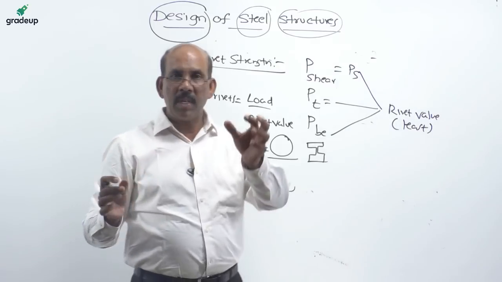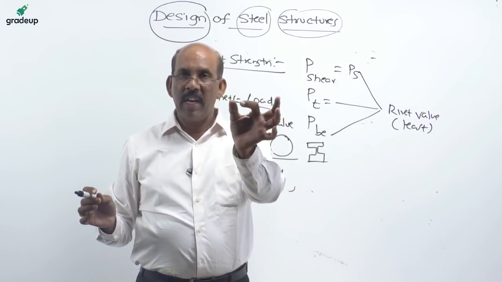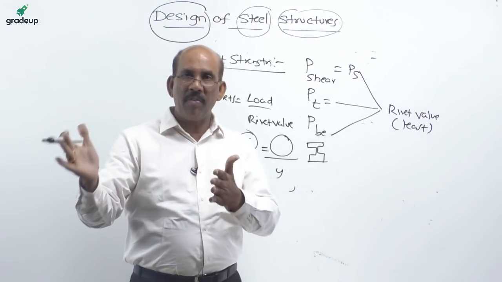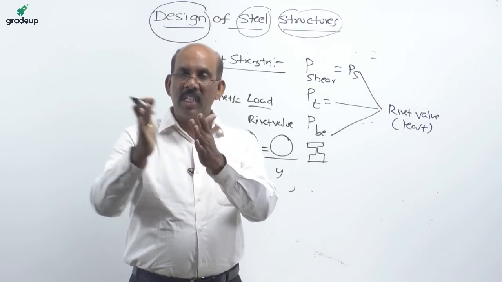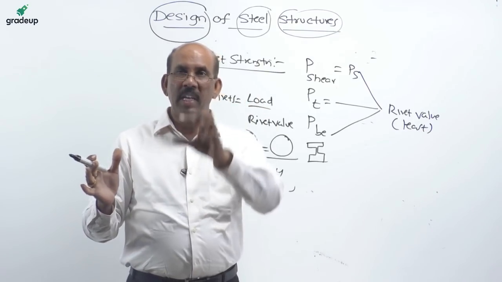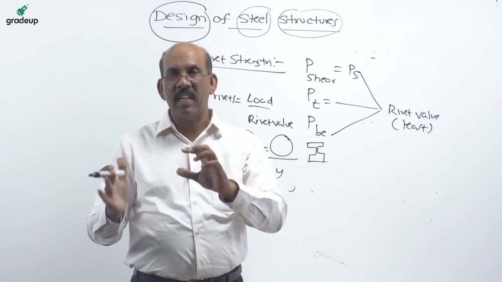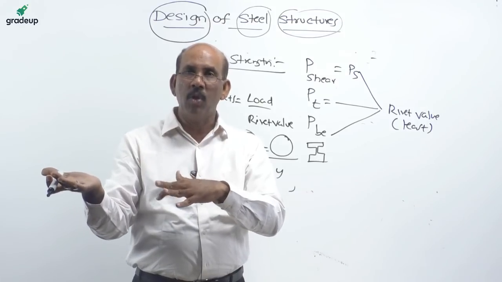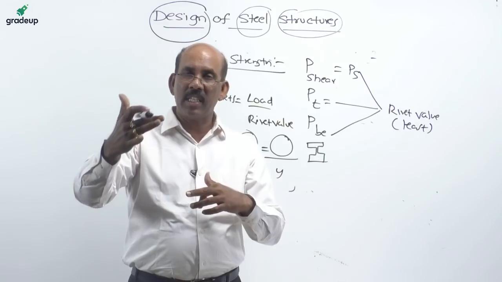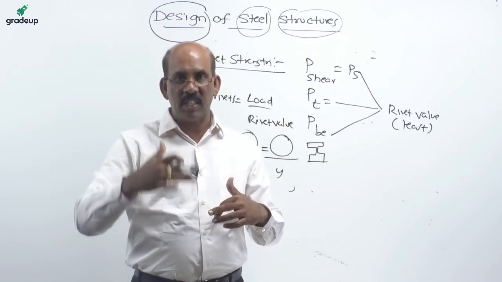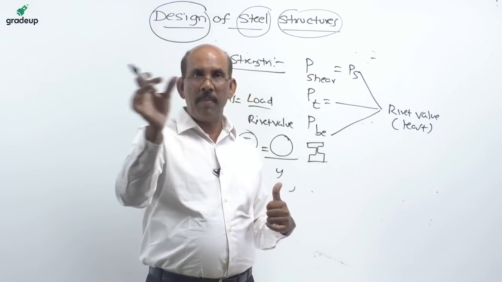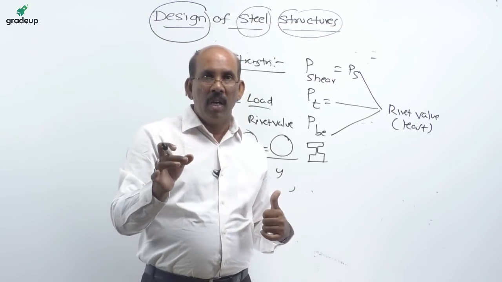The concept of this Z value is based on the moment of inertia. The moment of inertia for the circle, Ixx is equal to Iyy, whereas for the I section, Ixx may not be equal to Iyy. Therefore the circular section is the best, but in steel structures the next section is the I section. This is what gives the maximum Z values.